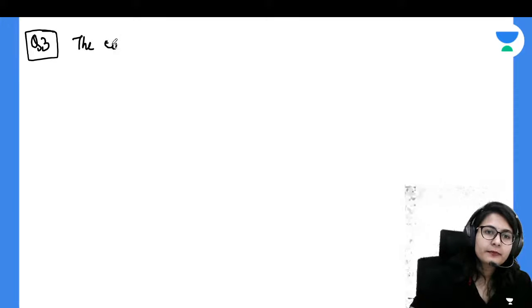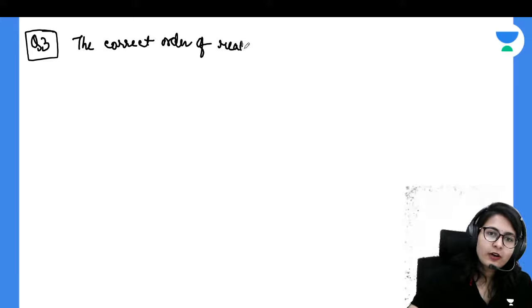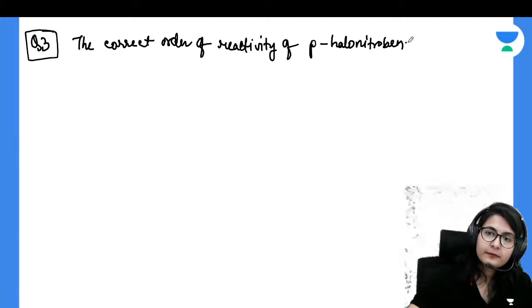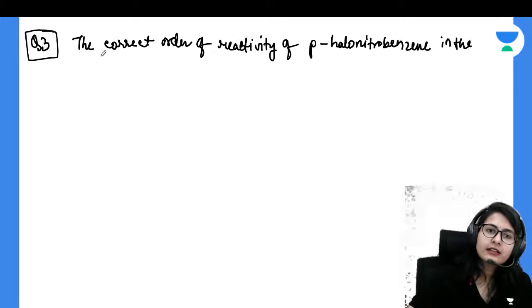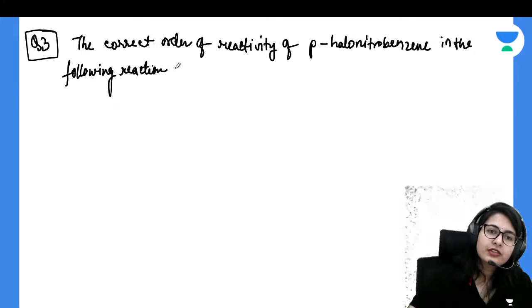The correct order of reactivity of para halo nitrobenzene in the following reaction is. So you have this reaction given over here.